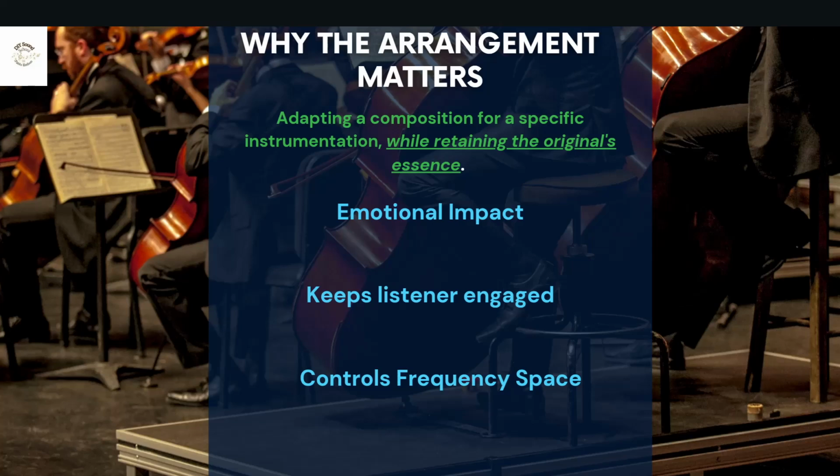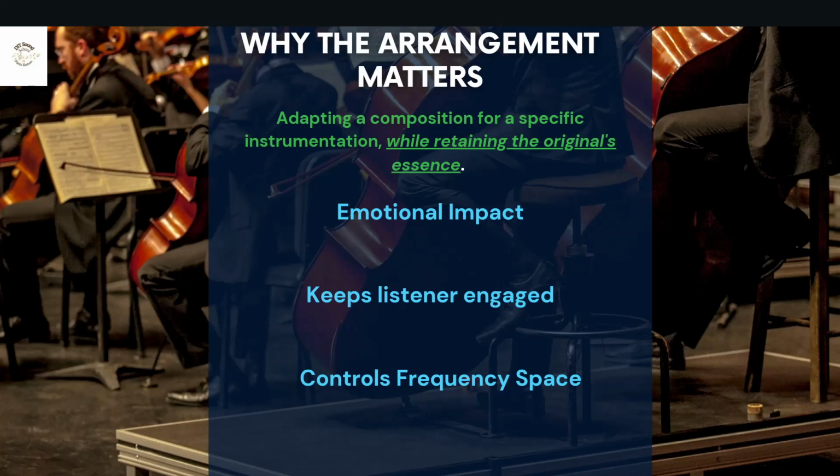For example, if I have a symphony or some sort of classical music, I can create a huge emotional impact by combining a passage where I have the full strings arranged to play a melody, and then the accompaniment could be the brass and the woodwinds.